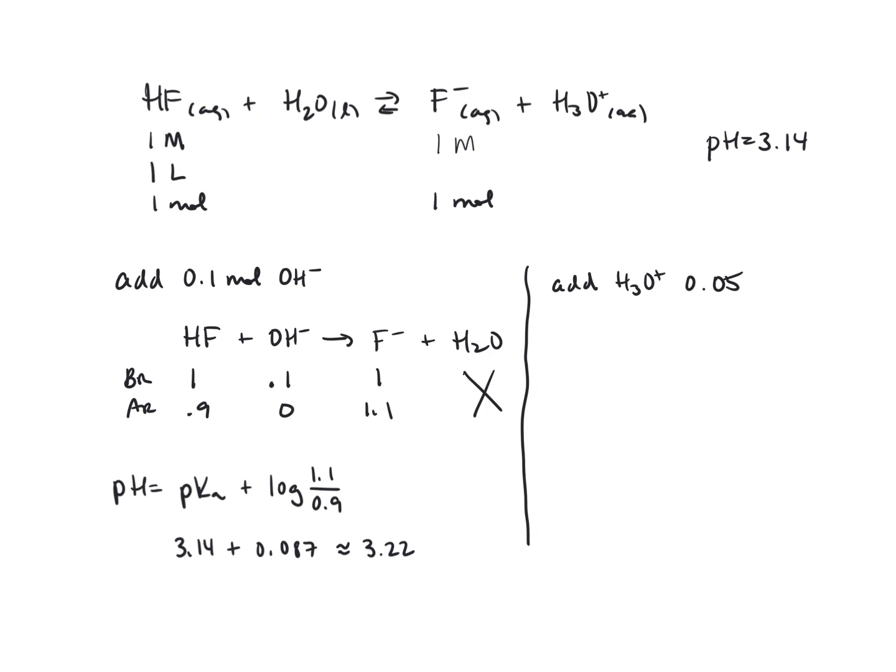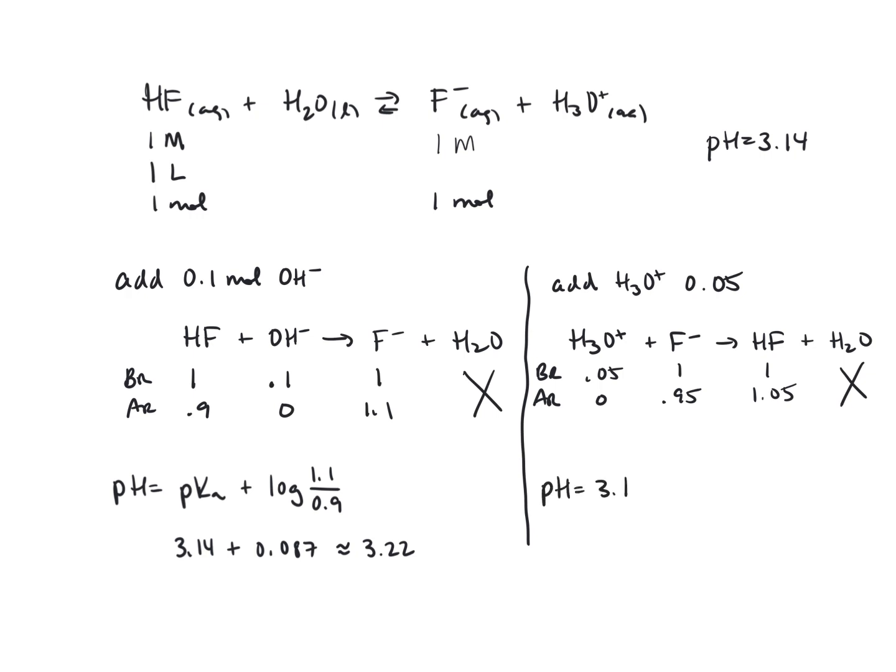Okay, this time the H3O+, an acid, is going to react with the conjugate base, the F minus, and that becomes HF plus H2O. Before the reaction, you have 0.05 moles of this, 1 of this, and 1 of that. Cross out the water column: after the reaction, 0, 0.95, and 1.05. And then we're going to put this into Henderson-Hasselbalch.